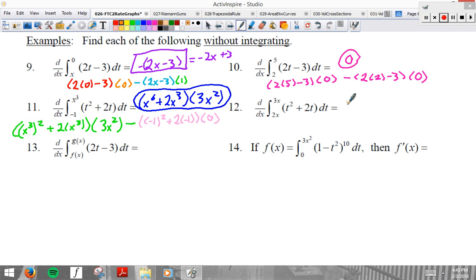Once more, plugging in the upper bound first. Notice it's the same function as that.